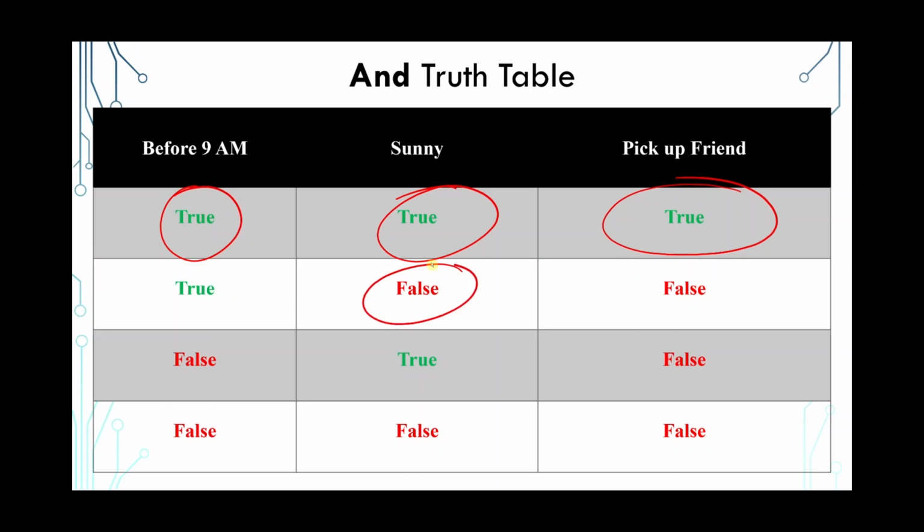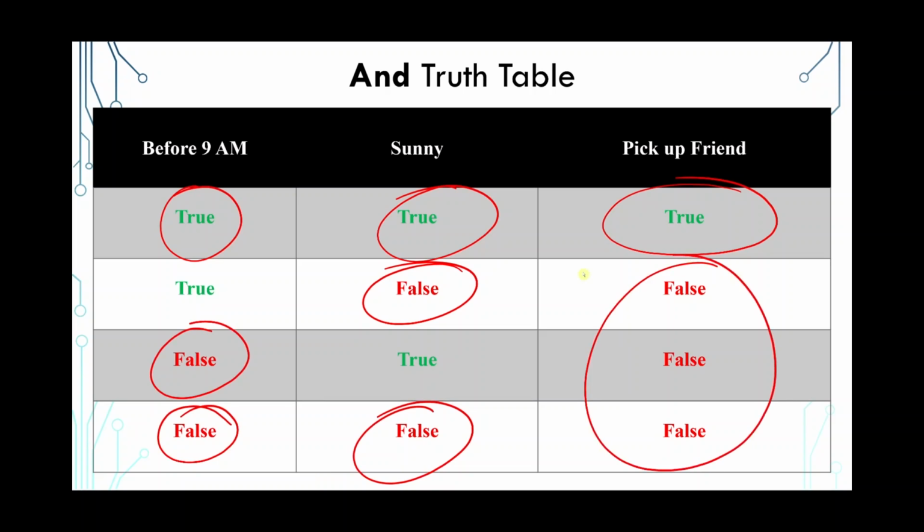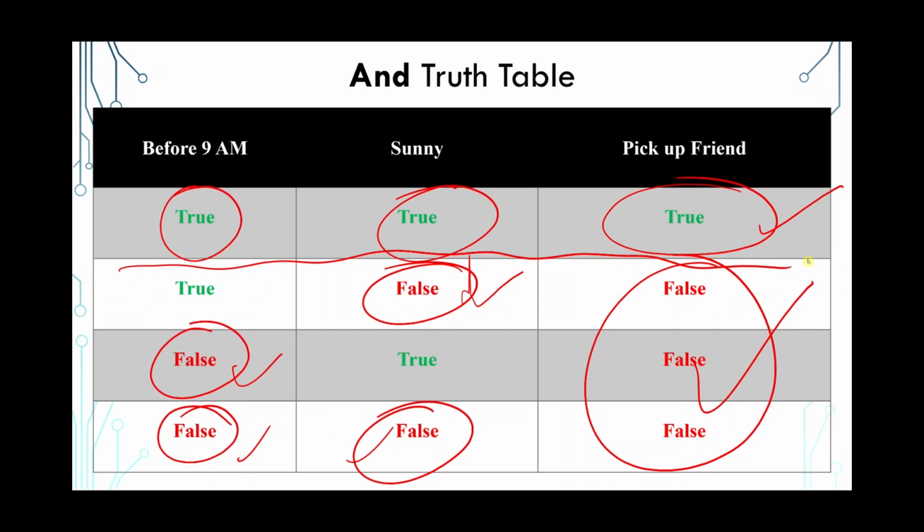If any of them is false, then it's false. Every sub-expression has to be true to get to the total true. If any sub-expression is false, the result is false.